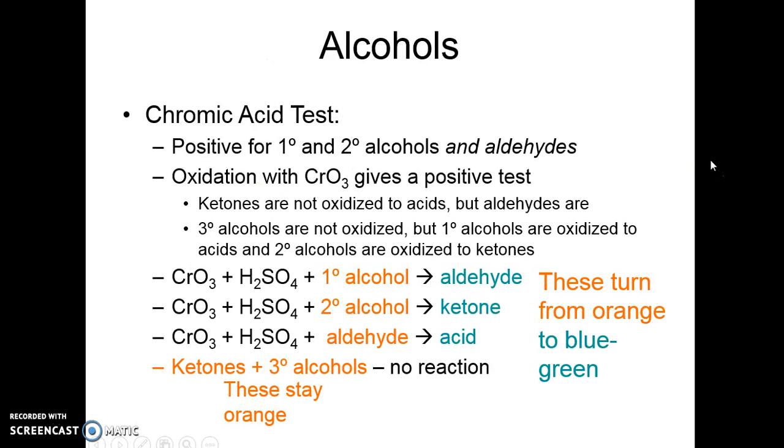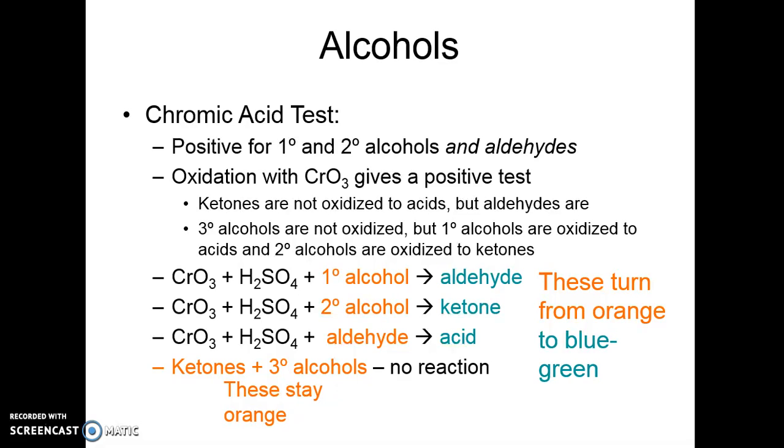One of the first tests you can do is a chromic acid test. Chromic acid is an oxidizer, and what does it oxidize? Primary and secondary alcohols and aldehydes. It does not touch ketones, tertiary alcohols, or carboxylic acids. So a positive test is that the orange solution turns blue-green, and negative is that there's basically no change in color.